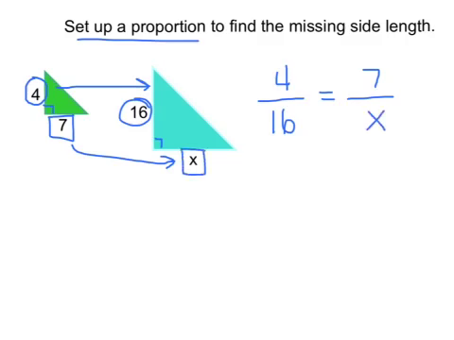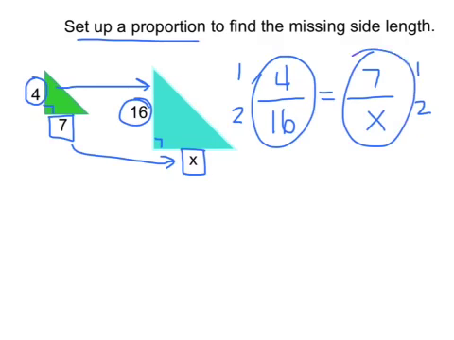So, first triangle, second triangle, first triangle, second triangle. Same side, same side. You have to make sure you set your proportions up correctly and don't get your numbers flipped around if you want to get the correct answer.